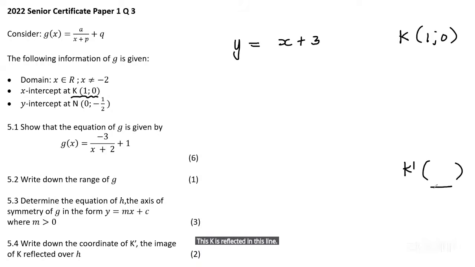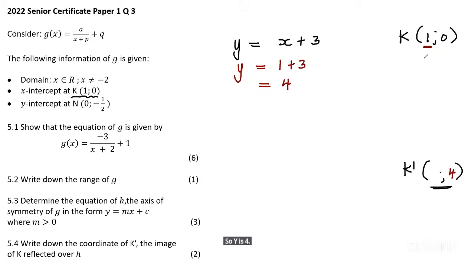And we just want to find the coordinates of K prime. Substitute the x value of the original in the reflection line, you'll get the y value. So y is 4.